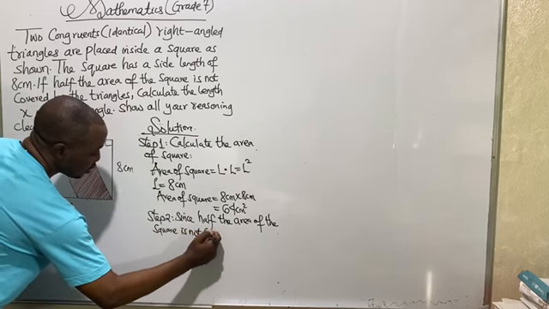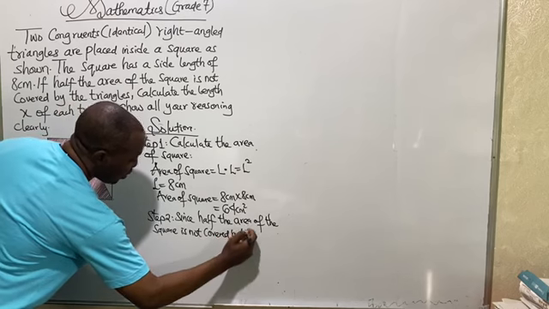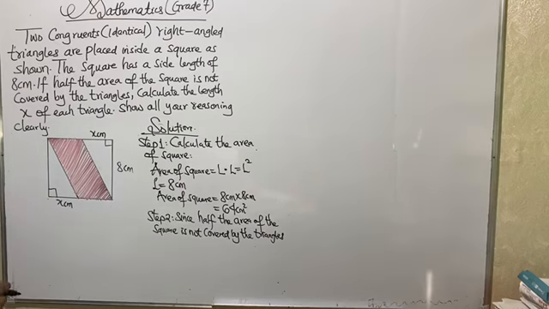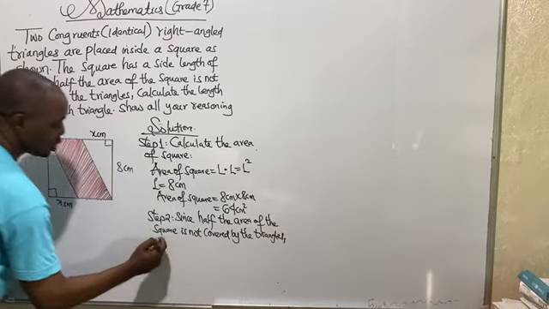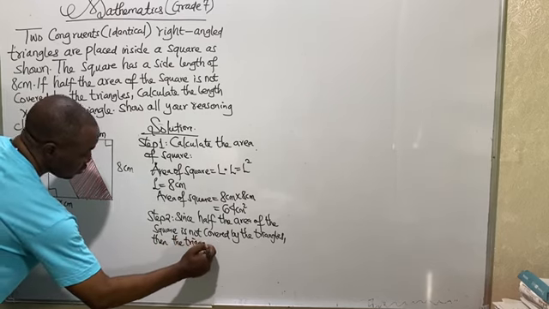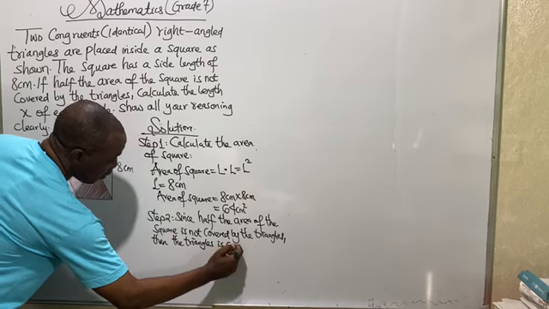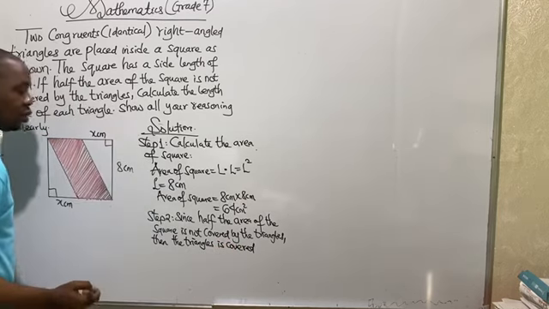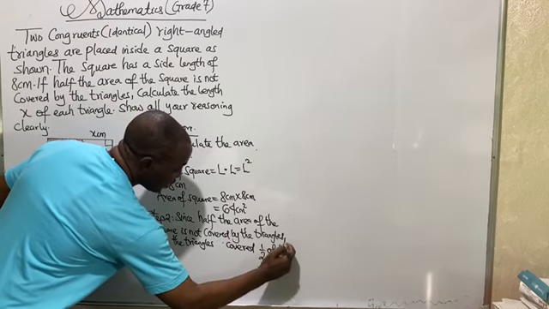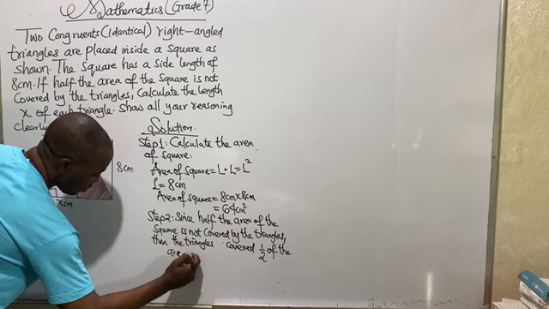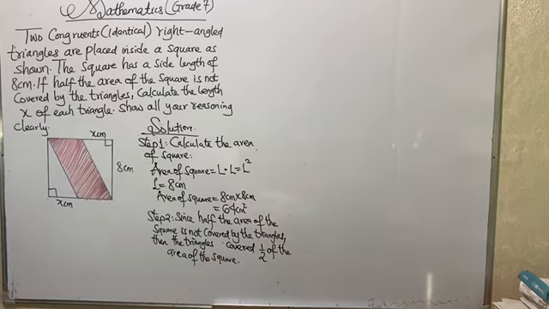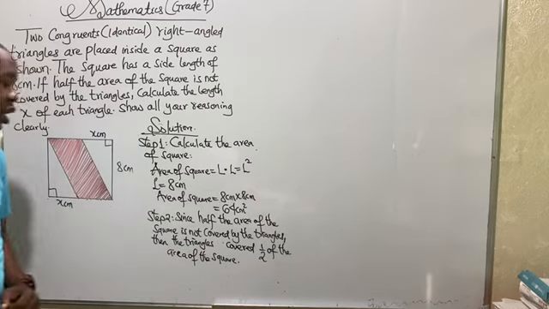Remember, we have two triangles, that is two identical triangles. Then what that means is that the triangles cover 1/2 of the area of the square. That is, the triangles cover 1/2 the area of the square.